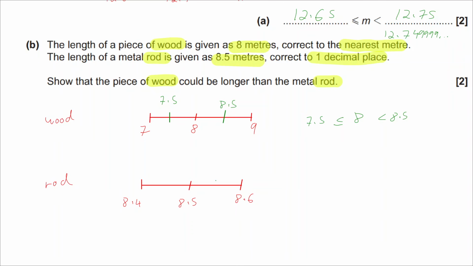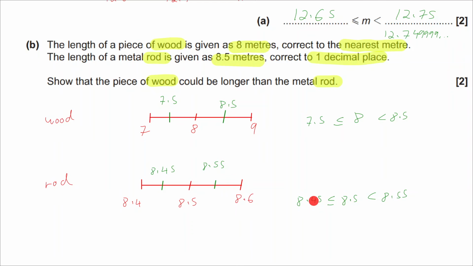So it's going to be 8.55, and then it's going to be 8.45. So if your number is 8.5, it's going to be bigger than or equal to 8.45, but less than 8.55.